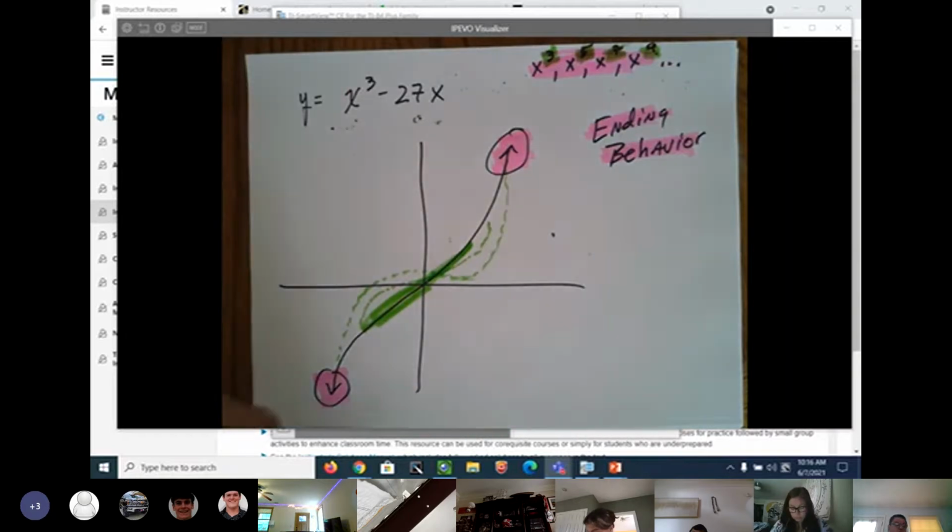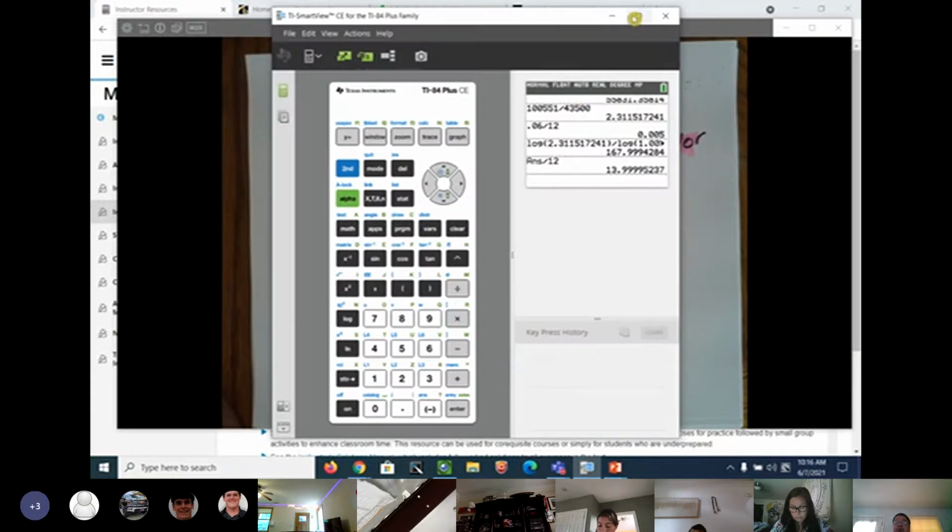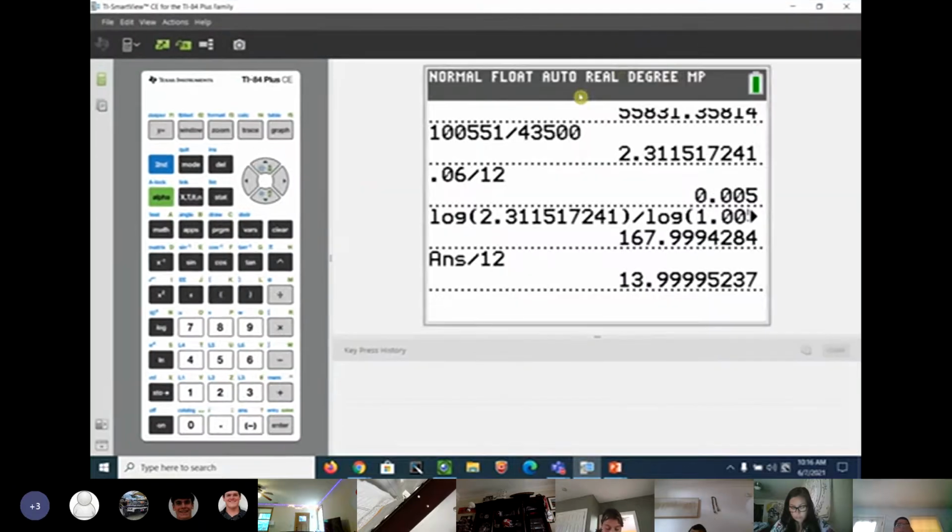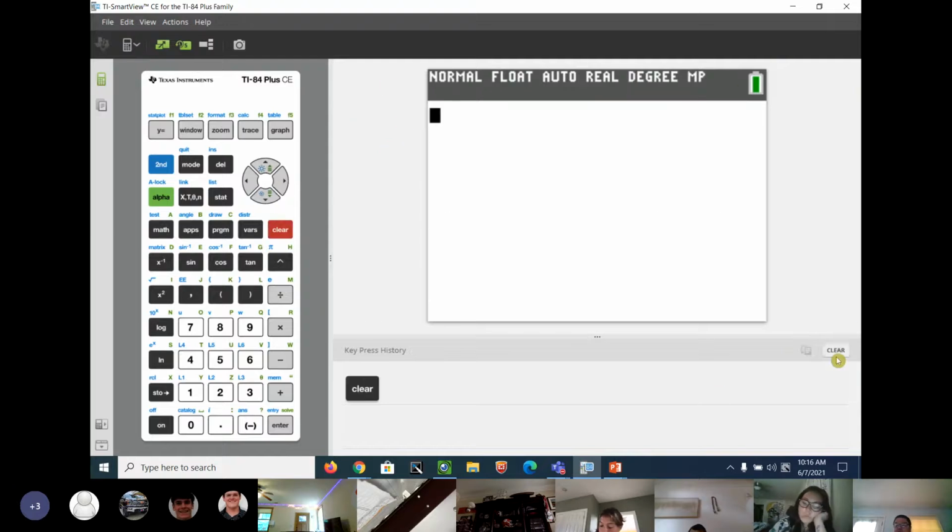Okay. Of course, you're going to be doing this on the calculator. So let's go to the calculator. Now, what should you be able to do with the calculator? You should be able to do everything with the calculator. For this test, for the first 3 sections, it's all going to be nothing but calculator. So let's clear this and clear this.